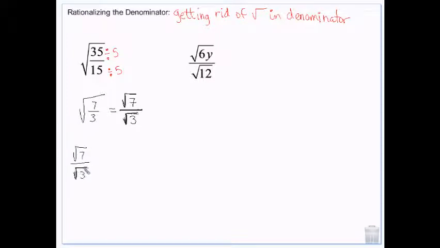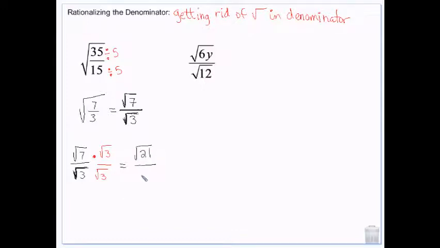And to get rid of a square root of 3, I'm going to multiply by a square root of 3. Because if I square a square root, it goes away. And so to square it, I multiply by itself, right? And so then what happens is, this becomes the square root of 21.